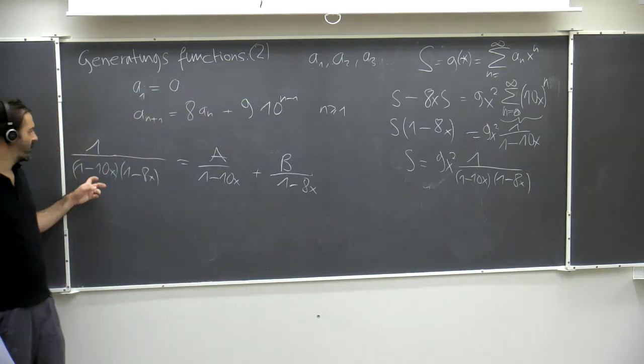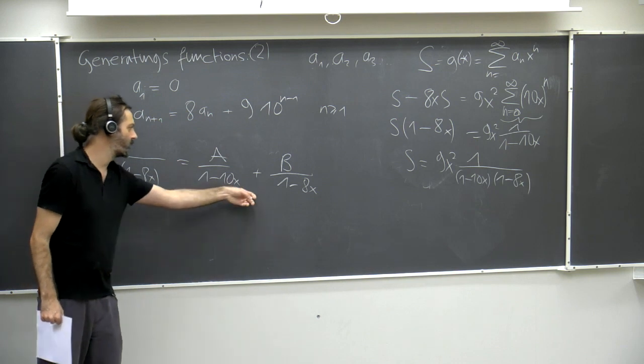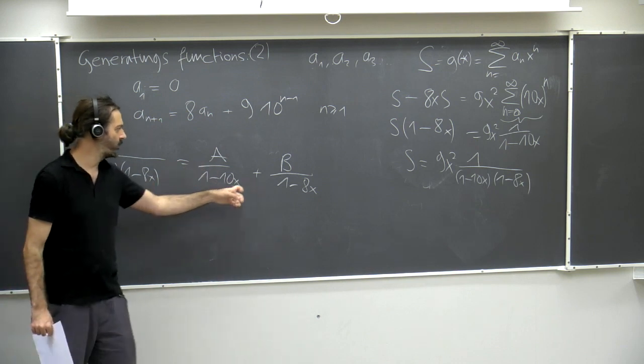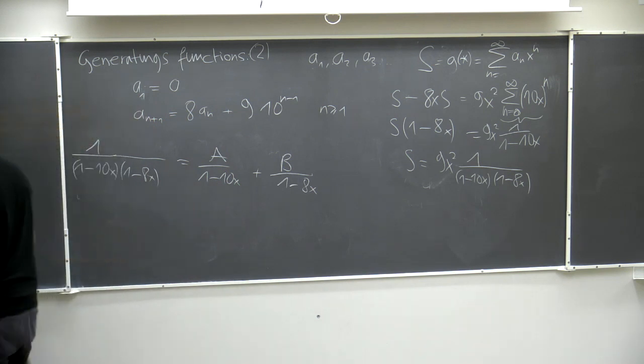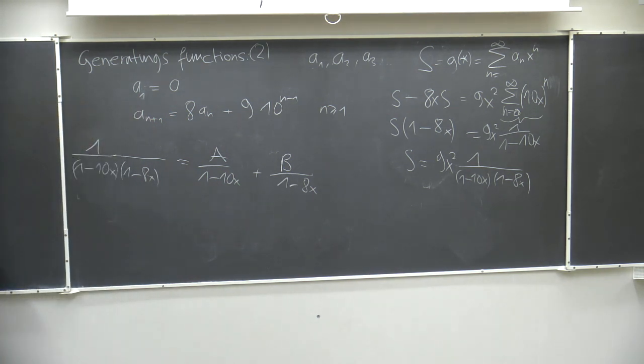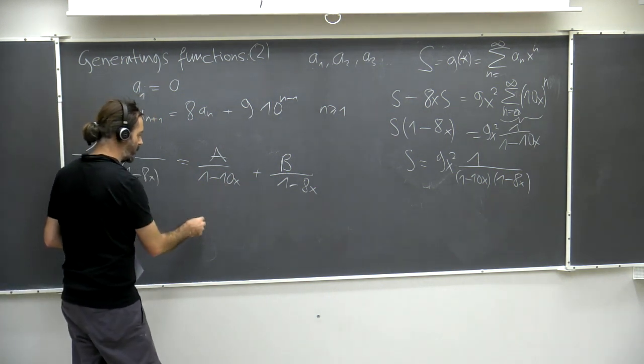You can convince yourself that it is possible, but it's easier to convince yourself going backwards. So how would you add up these two fractions? Well, what you would do is bring them to the same denominator.